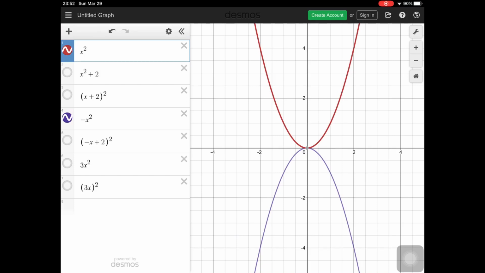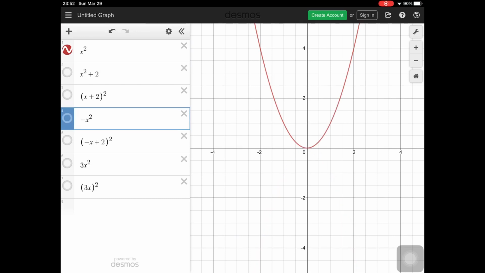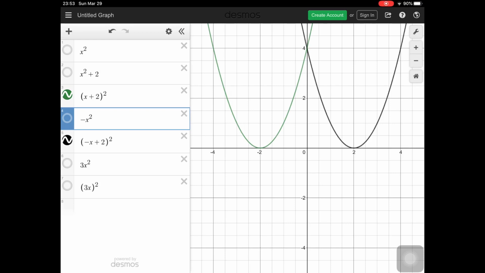Then, let's erase this one. What do you think should happen when I plot function number 5, which is negative (x plus 2) squared? I'm going to graph this one over here just for you to see the difference. If I graph this function, we're going to get this mirror over here. In this case, we're having a reflection, but a reflection with respect to the y-axis.